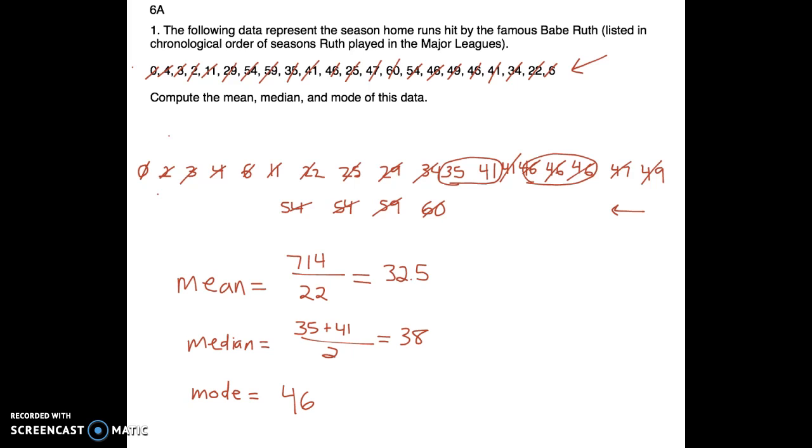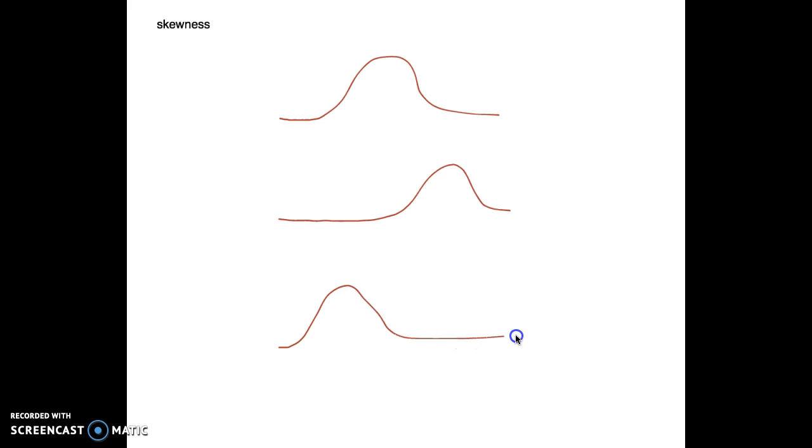But the next thing I want to talk about really quick is skewness. So I'm going to draw a few pictures here. And remember, I'm just doing it with the mouse, so it's hard to make it perfect. So these are different bell-shaped curves.